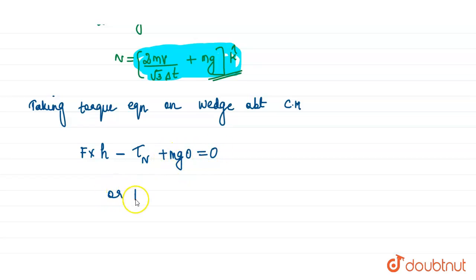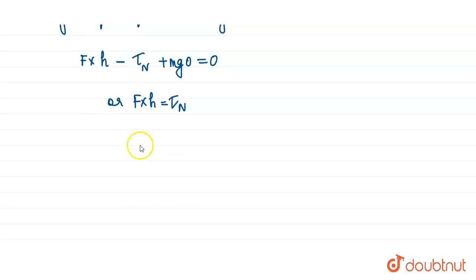Or we get force into perpendicular distance is equal to the torque due to the normal component. We know the value of force, so the torque due to the normal component is 4mv divided by root 3 delta t into h. So this is the equation for the second question, the torque.